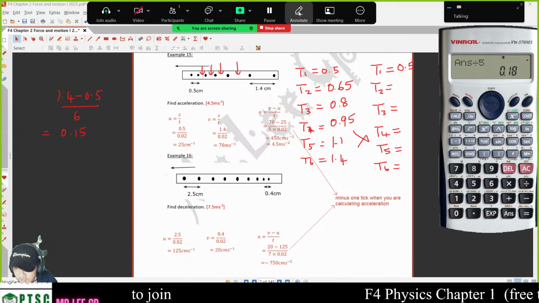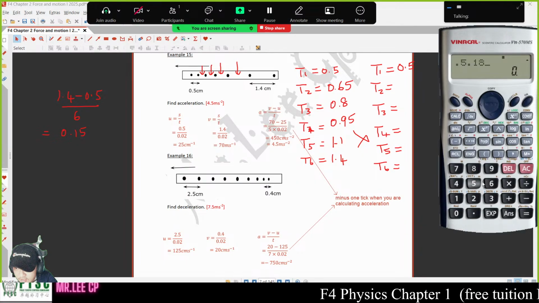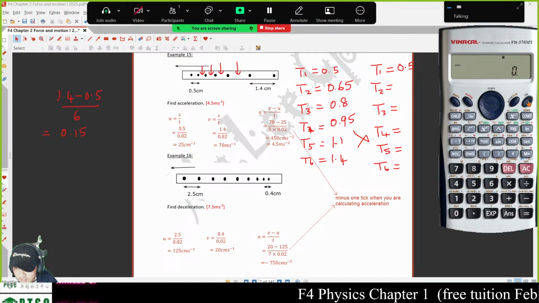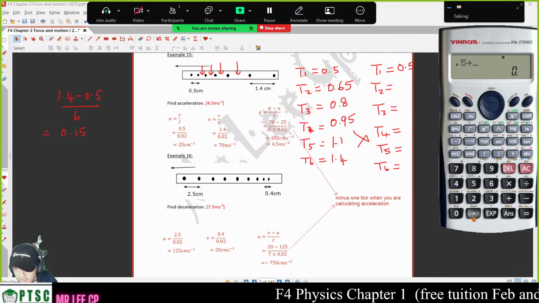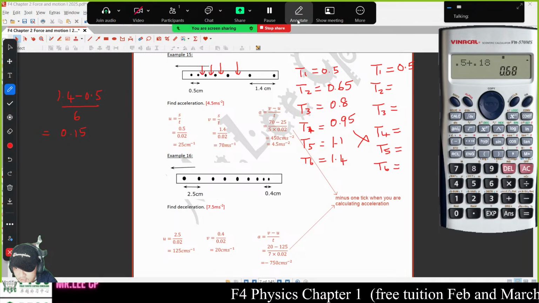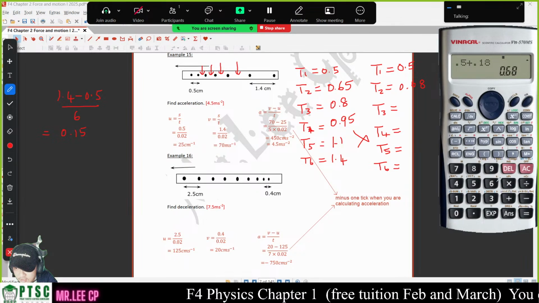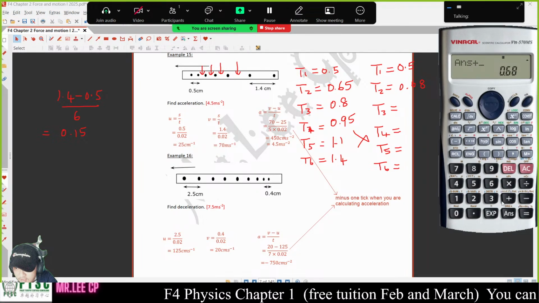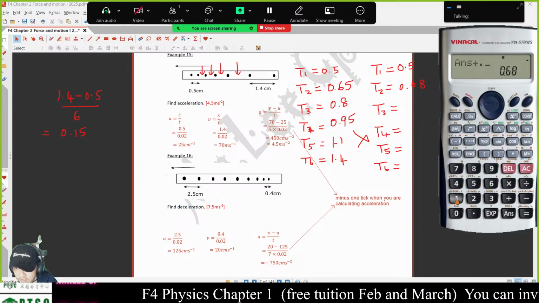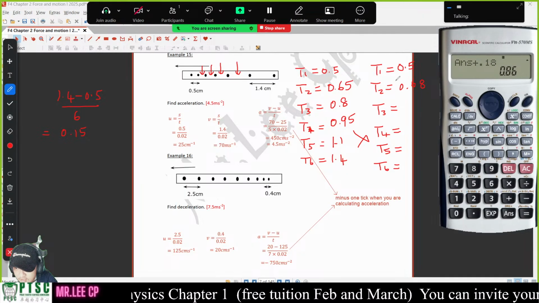So plus 0.18. So 0.5 plus 0.18. How much is it? So the next one is equivalent to 0.68. So the next one, I want to plus 0.18 again. 0.86.